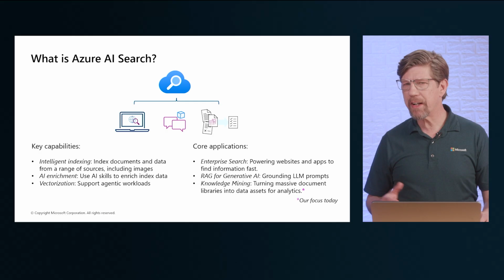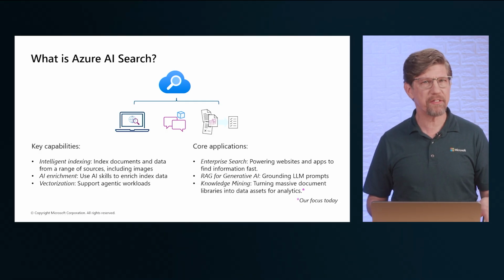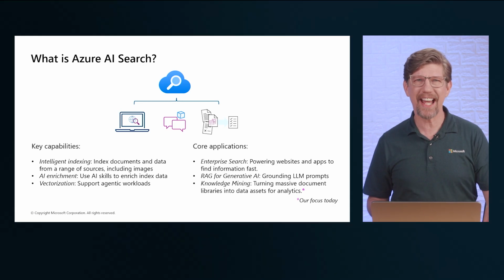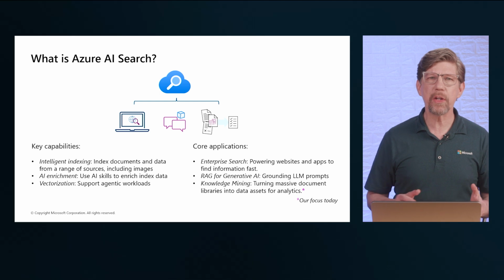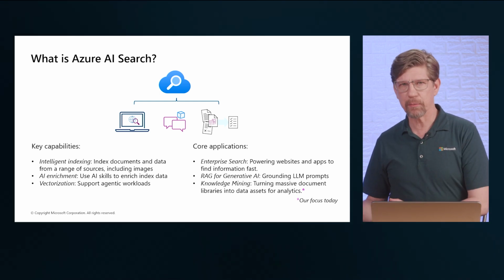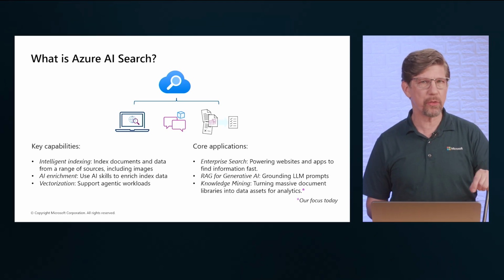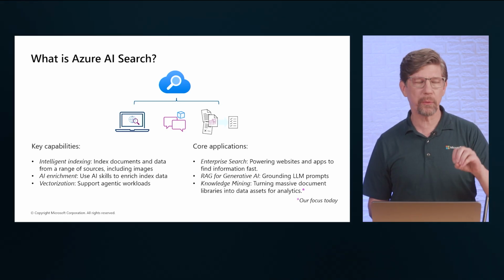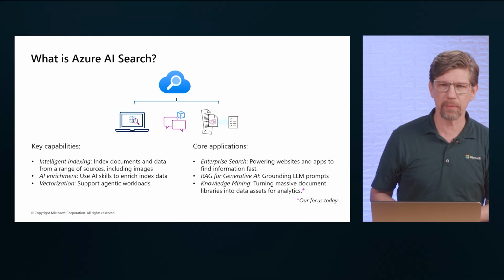A component that's been in the background for us in many different scenarios, but we haven't really focused on a whole lot, is Azure AI Search. With this search service, you have the ability to index documents, meaning to break them apart, to find the pieces of those documents, and then be able to retrieve, when looking for one of those pieces, all of the associated documents.